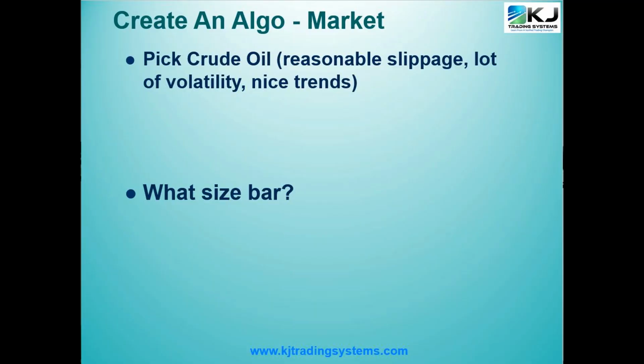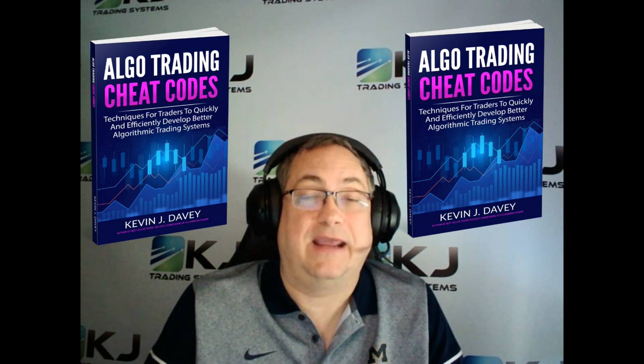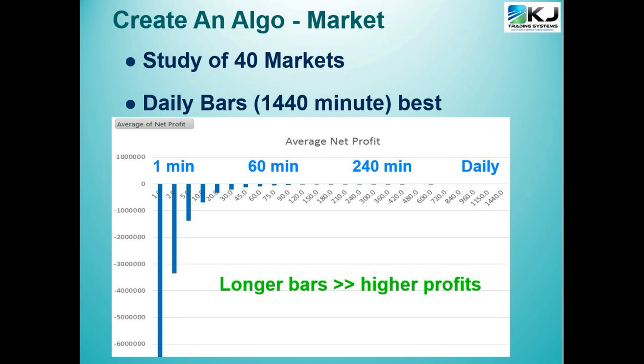Then we have to ask ourselves, what size bar? Well, if you picked up my book, Algo Trading Cheat Codes, you'll know I did a study of 40 different futures markets and looked at different bar sizes, and I determined what bar size is the best. Basically, for many markets, daily bars or 1440 minute bars, which are 24-hour bars, are usually the best as far as profit goes.